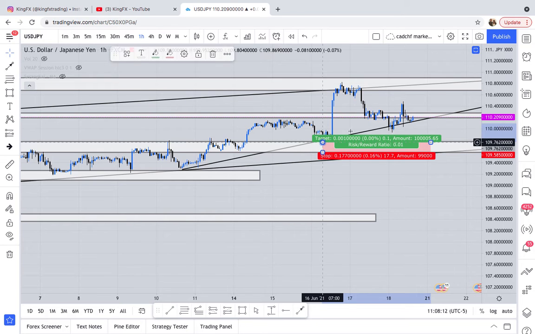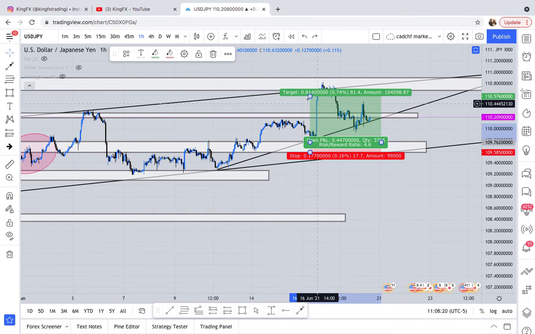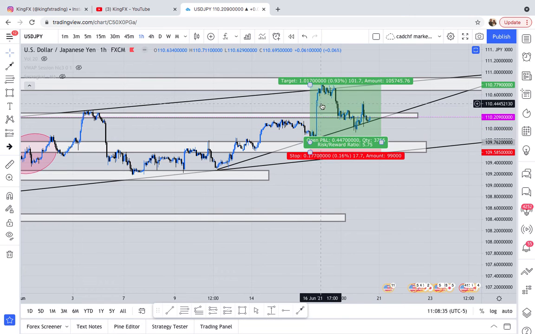So you could have just kept holding. You could have put your stop loss right here if you wanted to, but you would have taken a profit with a 1 to 5.6 risk to reward ratio, which is insane.